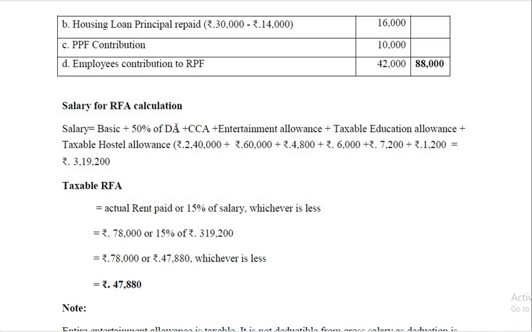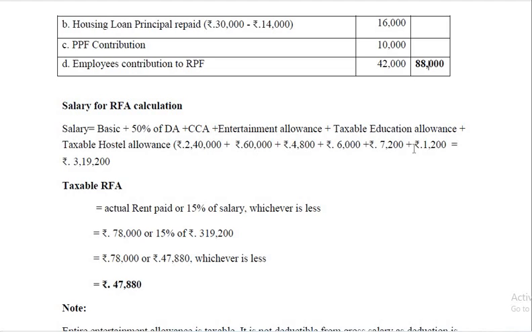Alright, what is salary for rent-free accommodation? Basic, 50% of DA, and all the taxable allowances like CCA, entertainment allowance, taxable education allowance, taxable house rent allowance, taxable hostel allowance.